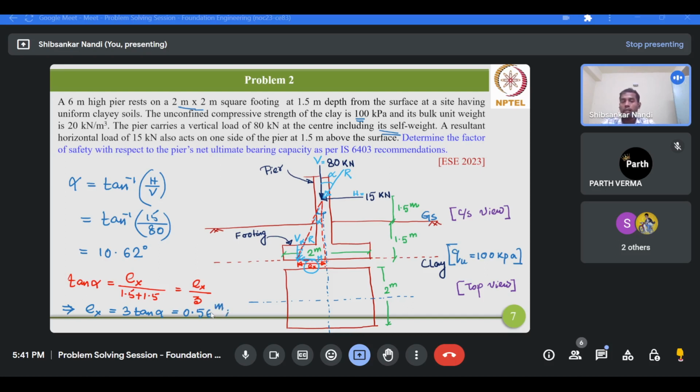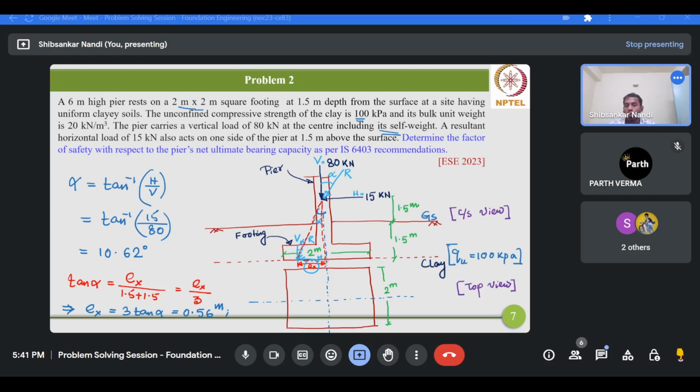Now earlier we have learned, if the load acts at some eccentricity from the center of the footing, we have to use the concept of useful width. The total width will not be effective in the bearing capacity calculation or to bear the load, because here the load is acting at some eccentricity from the center of the footing.